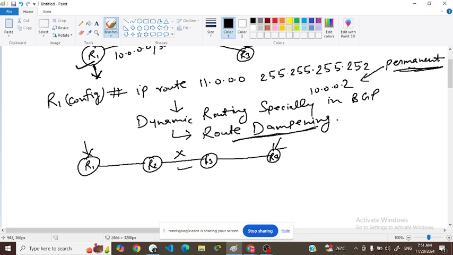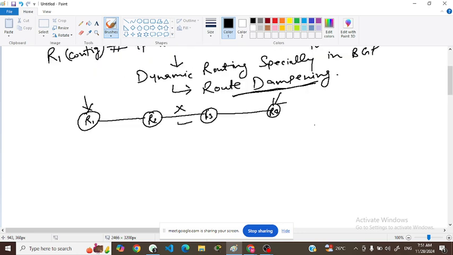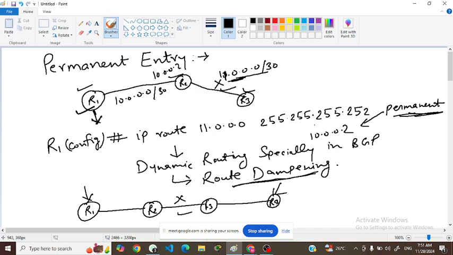It's a very advanced topic, a CCIE level topic, route dampening. Guys, clear? Permanent entry is clear. We should move to the next. I think I should write this command again, or it will be fine for you guys.